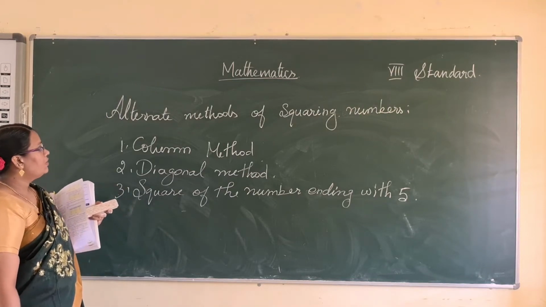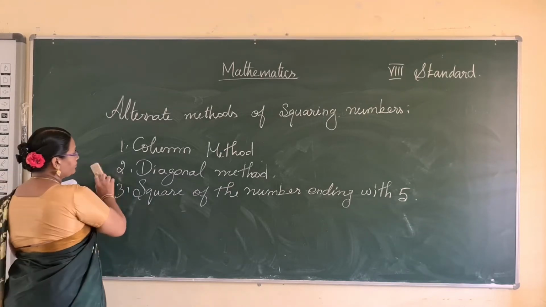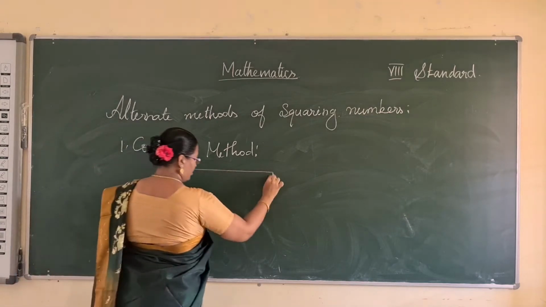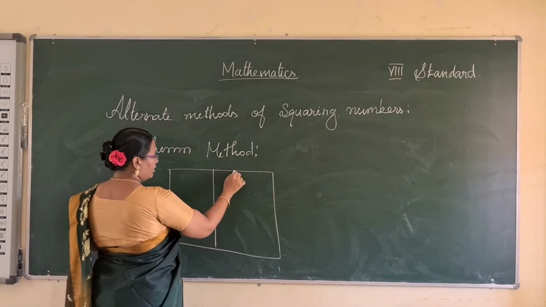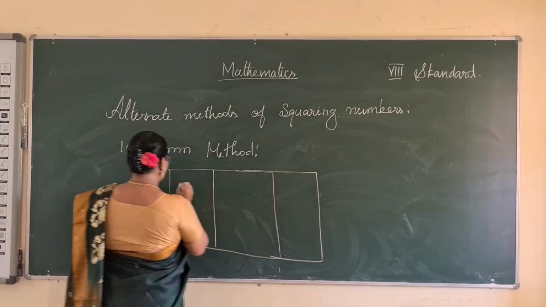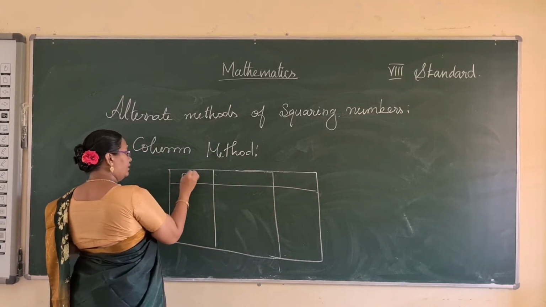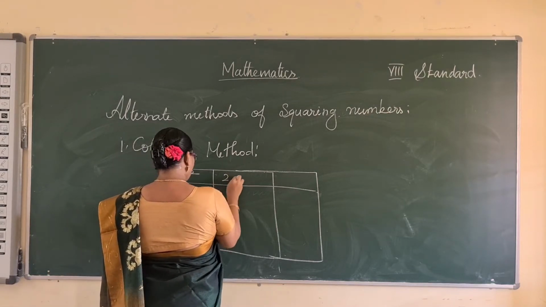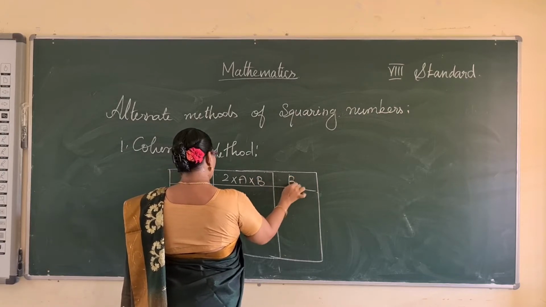The first method is the column method. Here you will draw the columns. Here we use the formula a squared, then 2 into a into b, and then b squared.